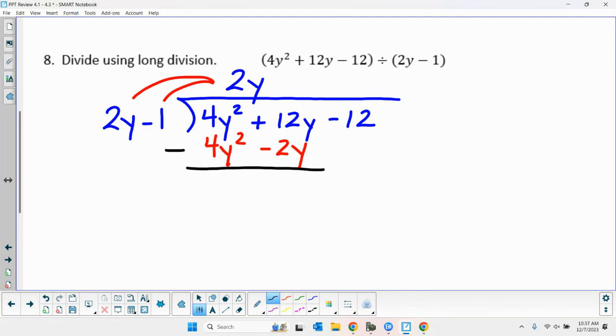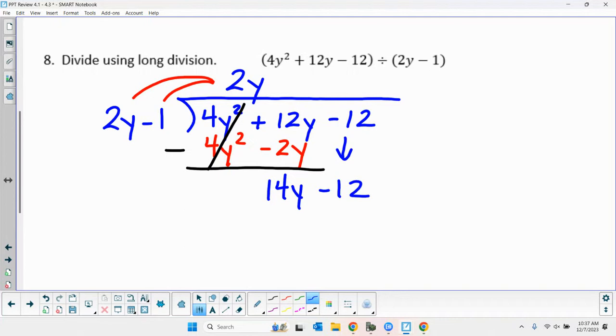And we subtract. 4y squared minus 4y squared is nothing. 12y minus a negative 2y is like adding 2y. What's 12y plus 2y? 14y, not negative, just 14y. And then bring down the minus 12.